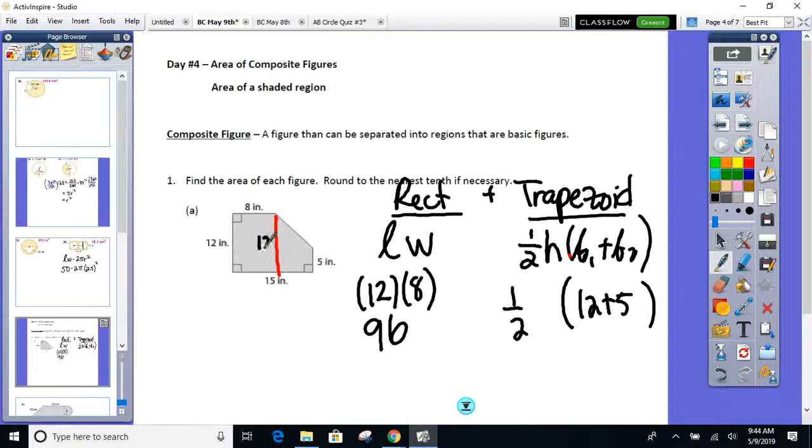Where'd you get the 7 from? If that's 8, this is 8. The whole side was 15. Subtract them, you get 7 for the height. And what do we have? That one's a 0.5er, isn't it? For that area. 59.5.